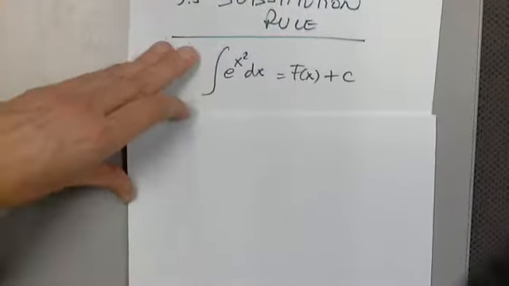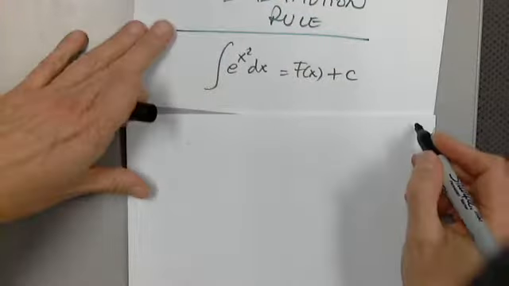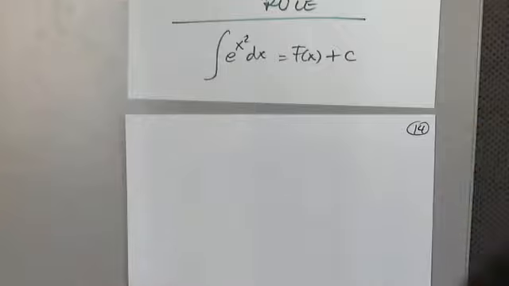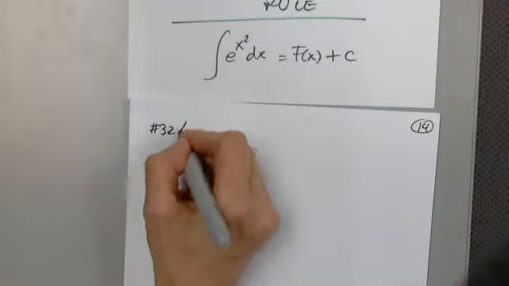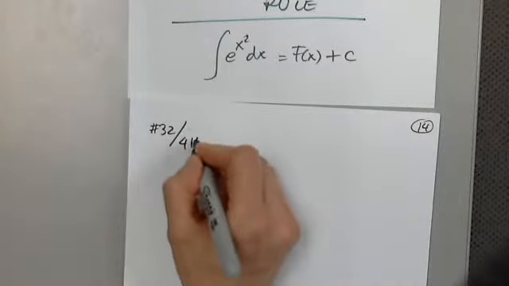Okay, so let's see how the substitution rule works. I'm going to pick first from indefinite integrals and then from definite integrals. Let's say 32 on page 414.